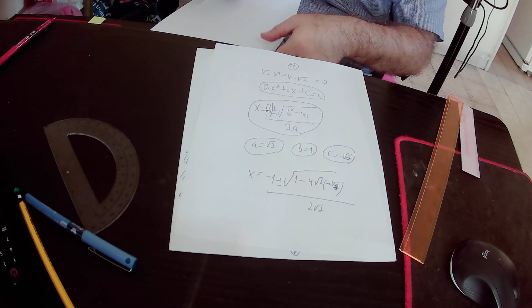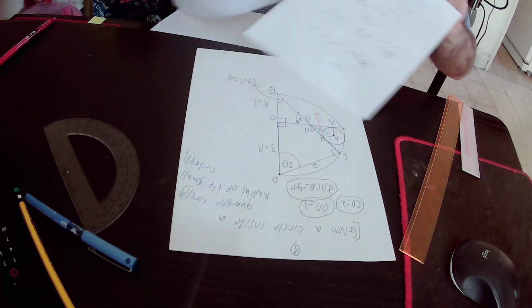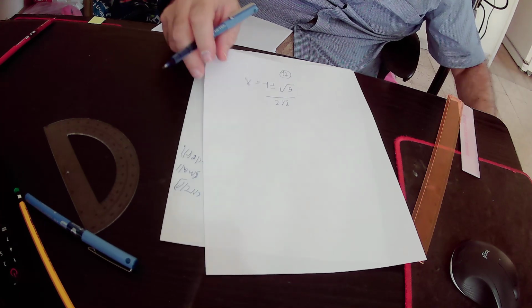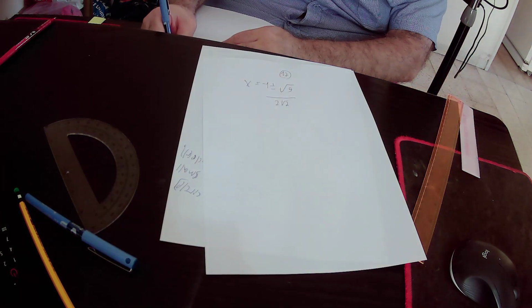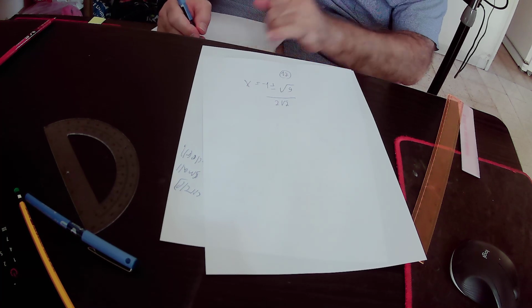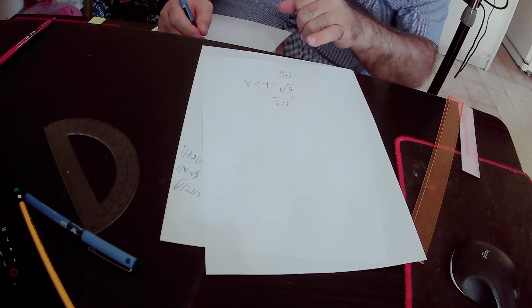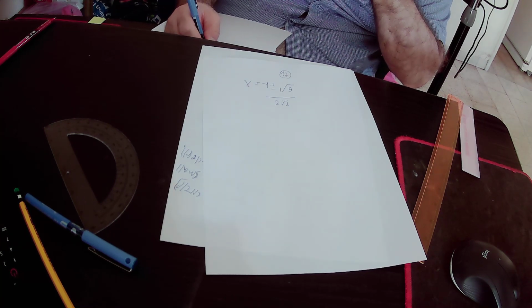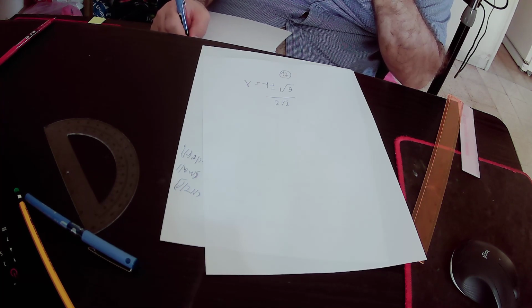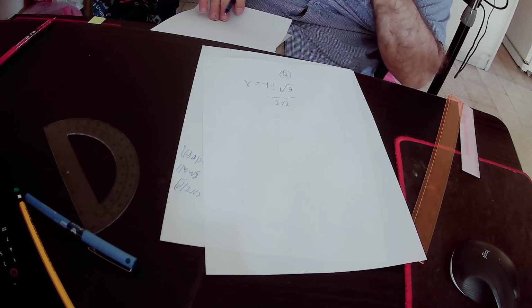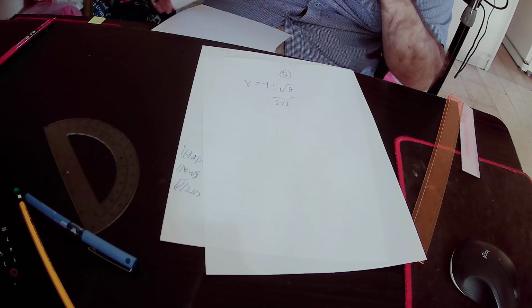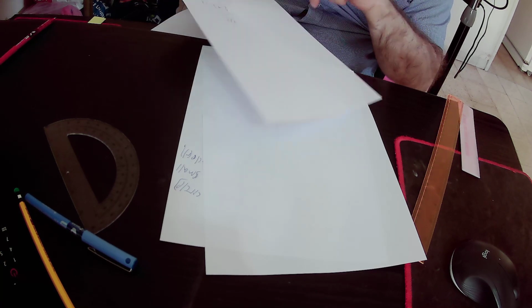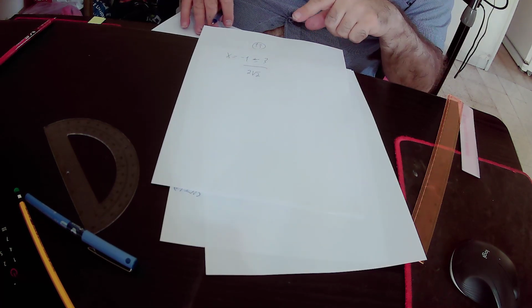So in total we got that x equals minus 1 plus minus root 9 over 2 times root 2. So x equals minus 1 plus minus the root of 9, which is 3, over 2 times root 2. Okay, so actually we have here two solutions.